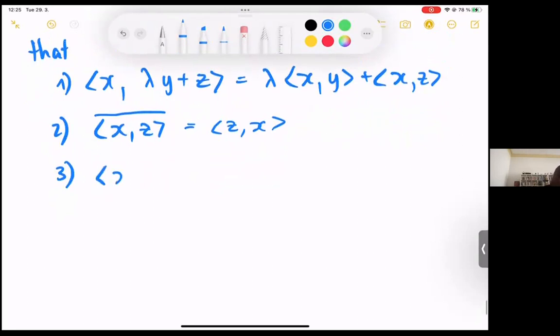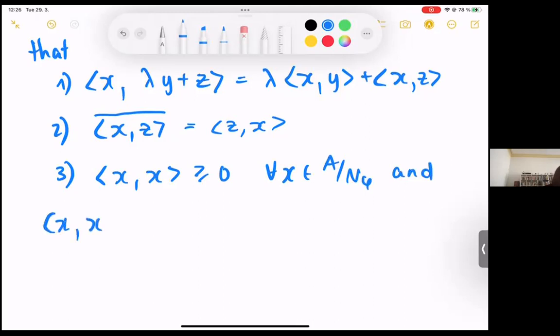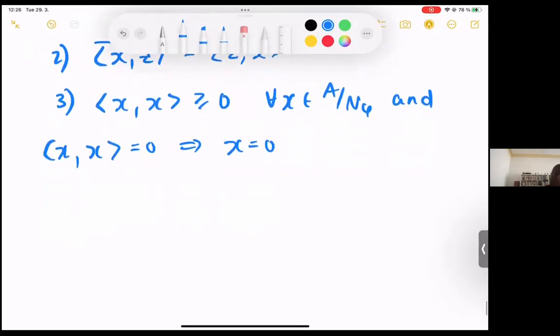So we want that <x, x> is always greater than or equal to 0 for every x in A mod N_phi, and that if it is 0, then x was 0. And this should be for all x, y, z in A mod N_phi, and every lambda in C.